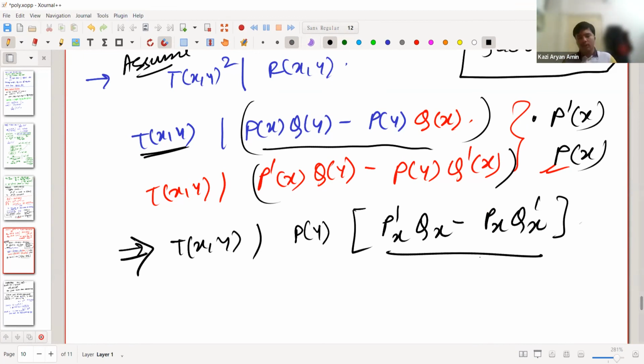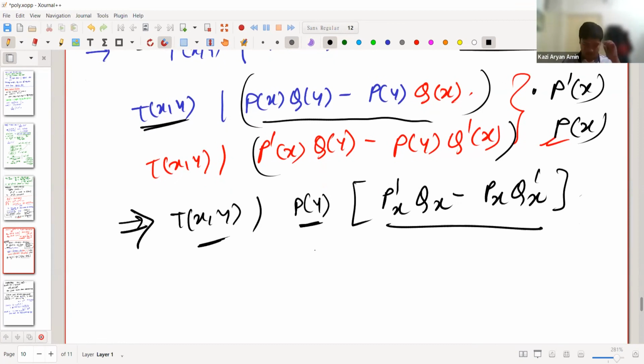Now assume that this is non-zero, because otherwise you'd run into similar problems like we had in the earlier case. This has to be non-zero, because otherwise you'd have p divides p dash.